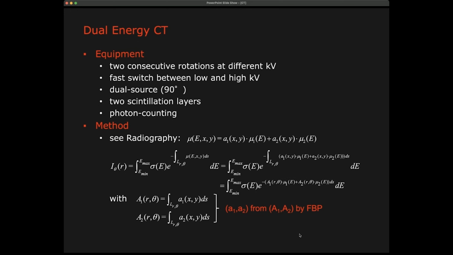Now the classical CT scanner just ignores this, which of course leads to some artifacts potentially, depending on the energy range you're using. But you could also try to exploit this: the fact that there's an energy dependency of the attenuation, which is different for different atoms and different materials.